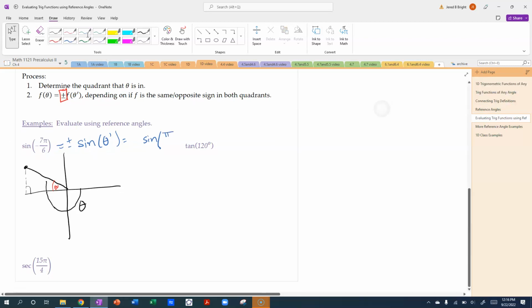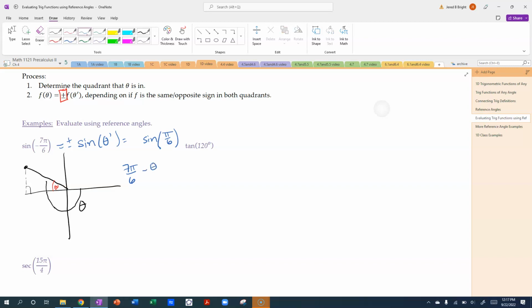It's going to be pi over 6. To find it, you might acknowledge that the geometry here is 7 pi over 6 plus or minus theta prime, because you kind of have to go backwards, is going to be pi, and then you can move things over and you end up getting pi over 6.